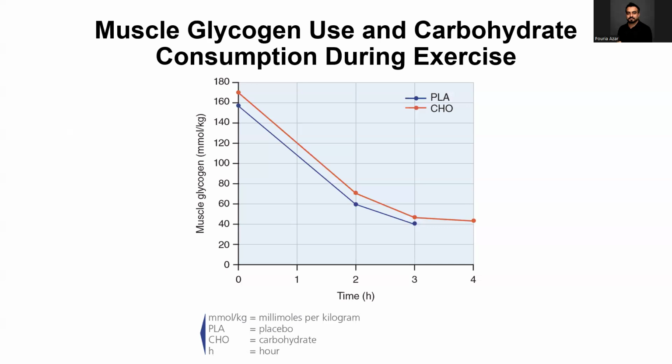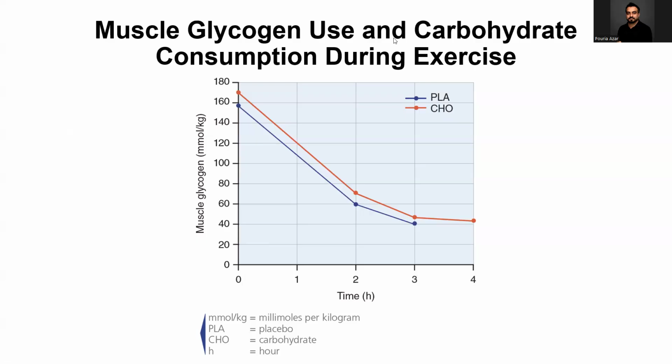As you can see, in the treatment group, the muscle glycogen levels were higher than the control group, who were given placebo, and they start decreasing because of exercise. But the important thing to note here is whether the difference between the treatment and placebo group was significant or not, which we cannot conclude just from eyeballing this graph.